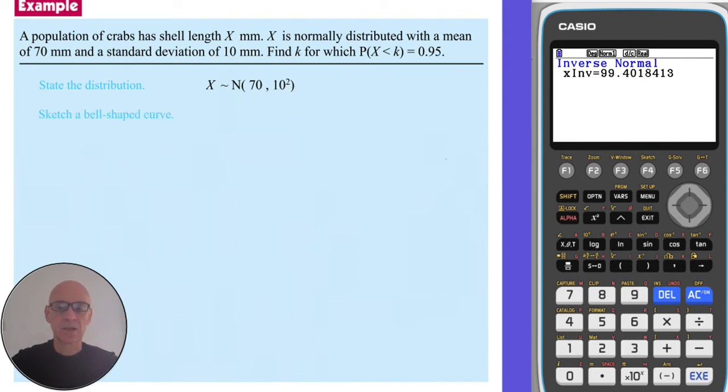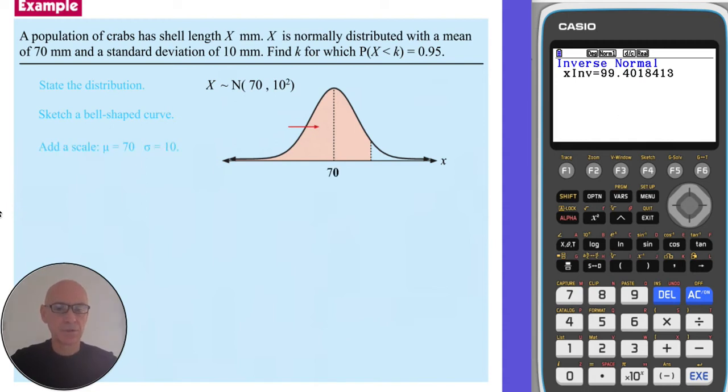Next, sketch a bell-shaped curve, and then put the mean 70 in the central position. Then use the standard deviation of 10 to add a scale, adding 3 tens to the right and subtracting 3 tens to the left. Next, identify the probability, in other words the area, given.